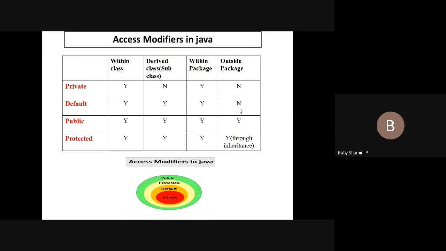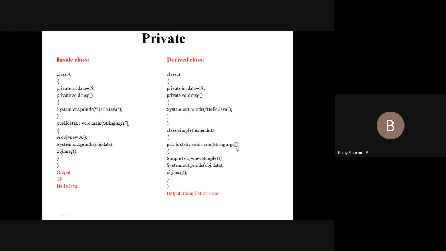If you are using protected, through inheritance we can access the data, and public means that can be visible anywhere in the program. And last one is protected. This can be accessible within the package, within the class, and derived classes within the package, and outside a package also it is possible. Through a derived class we can access the data.